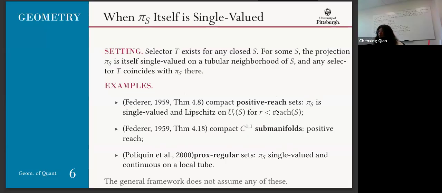So if the geometric object is regular enough, then pi sk is sometimes single valued in a tubular neighborhood of S. The cleanest case is a positive reach set.